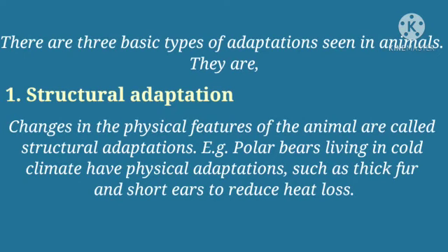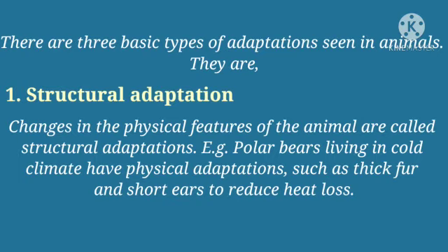There are three basic types of adaptations seen in animals. They are structural adaptation, physiological adaptations, and behavioral adaptation. Now let us see one by one. First one, structural adaptations.